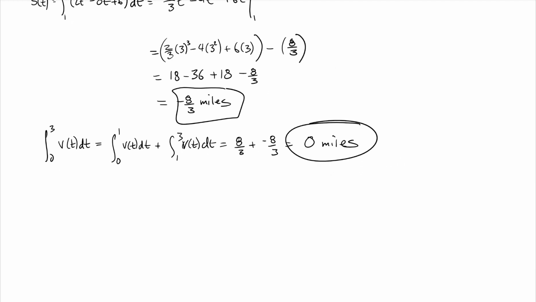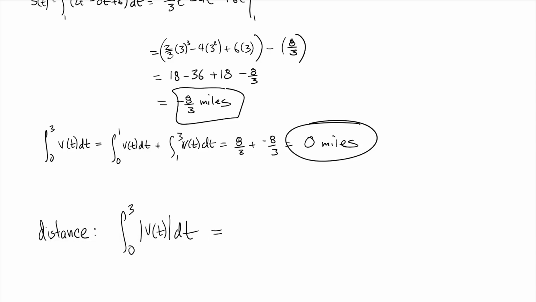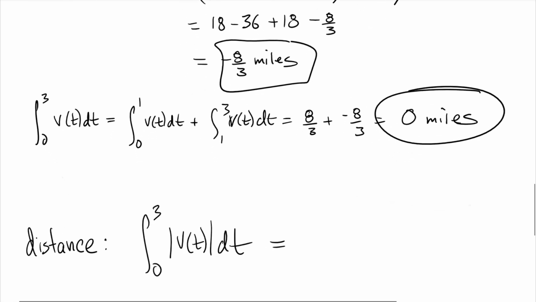Now lastly, it wants us to find the distance traveled. And it tells us that it's the integral from 0 to 3 of the absolute value of our velocity function. This does nothing for us. But what we can do, let's look right up above.